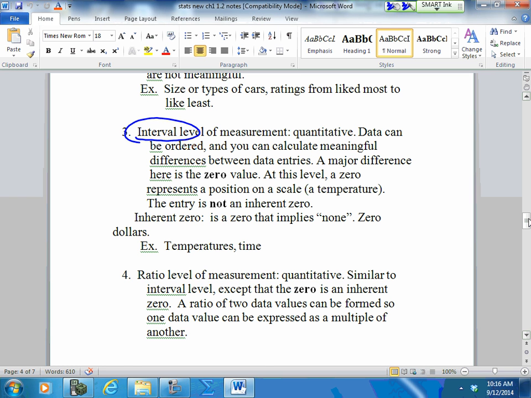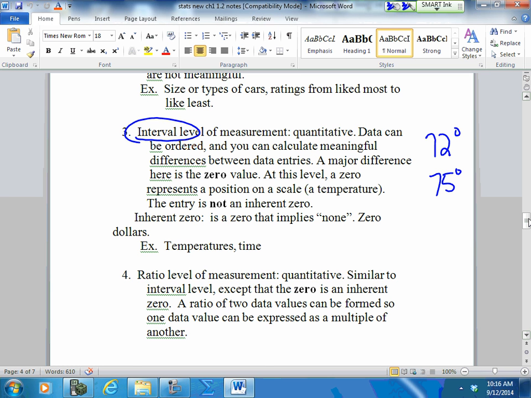If today is 72 and yesterday was 75, we could say today is 3 degrees cooler than yesterday. Yesterday was 3 degrees warmer than today. But we cannot say it's twice as hot as yesterday. We can't make any comparisons like that. We can get some kind of difference in here.